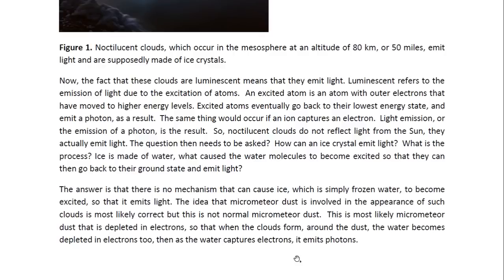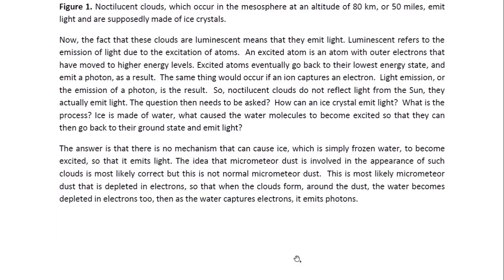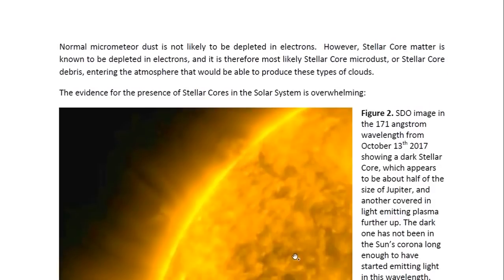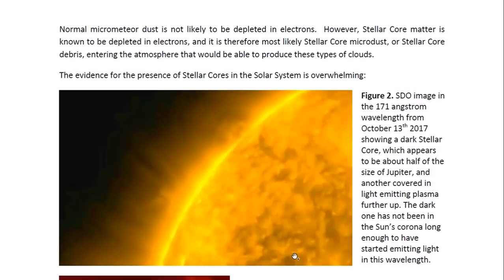Then as the water captures electrons, it emits photons. Normal micrometeor dust is not likely to be depleted in electrons. However, stellar core matter is known to be depleted in electrons, and it is therefore most likely stellar core microdust or stellar core debris entering the atmosphere that would be able to produce these types of clouds.